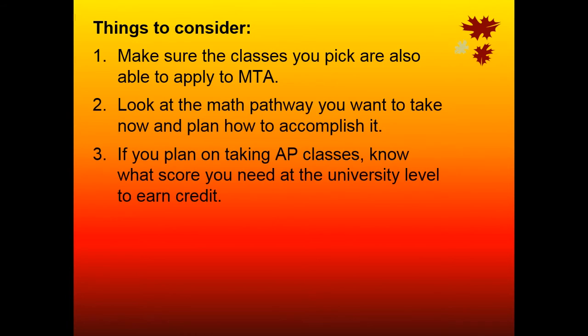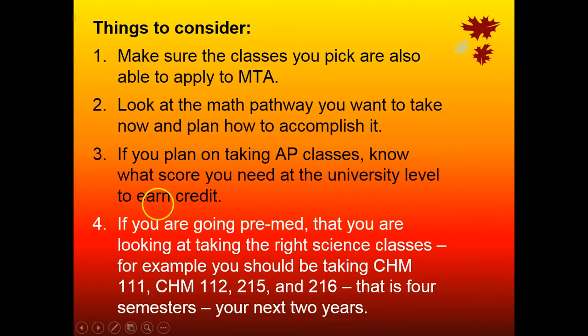Okay, so we've done this. So one final thing on this anyway. It says if you're going pre-med, make sure you're looking at taking the right science classes. For example, if you qualify for them, you want to be taking the higher level chemistry and or physics classes.